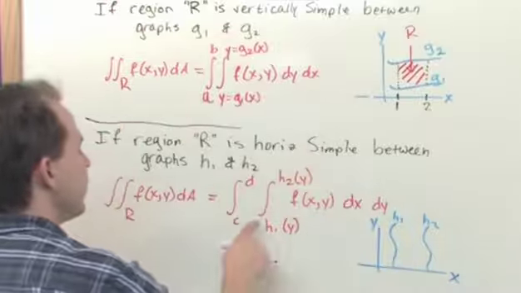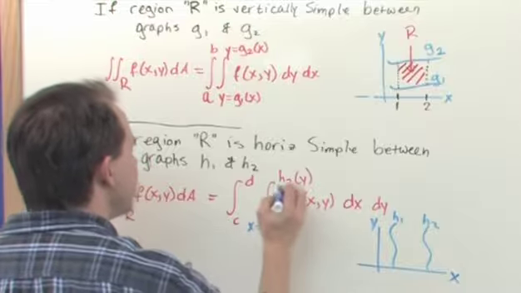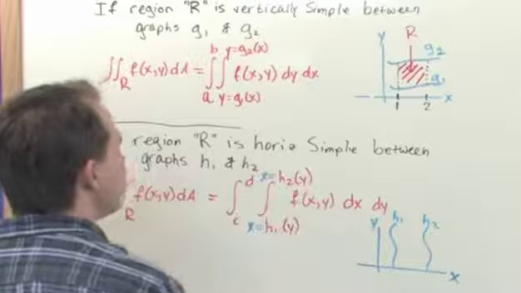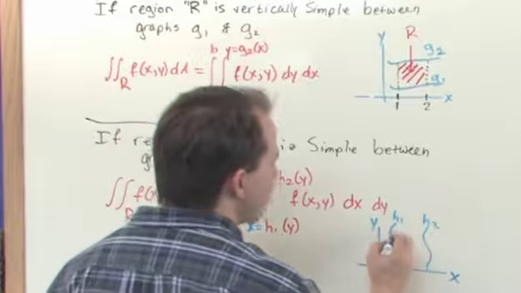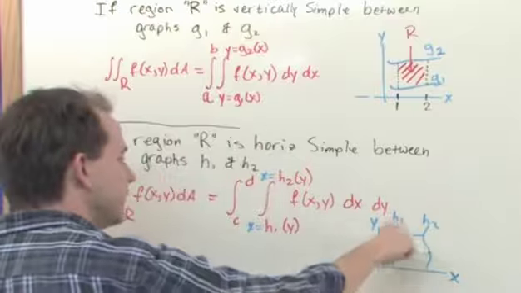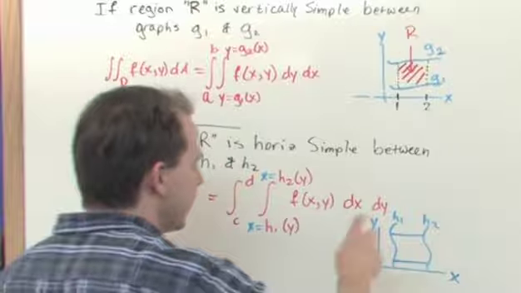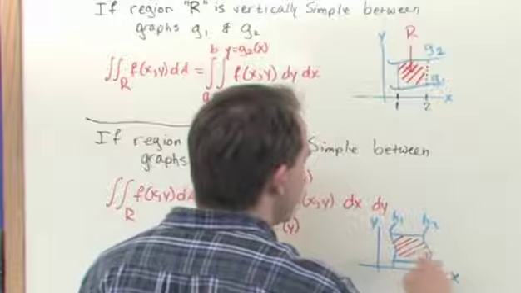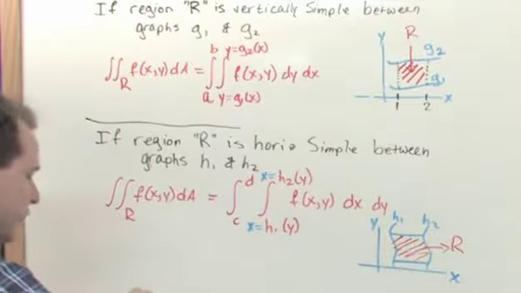Don't forget that when I have functions of y, what you're saying implicitly is x is equal to that function, and x is equal to this function. So I'm integrating along x right here. I would integrate along x here, and then continue integrating and sweeping down to my final destination down here, and as I do that, I'm sweeping out an area in between, and this is called the region R. So I'm integrating over the region R.